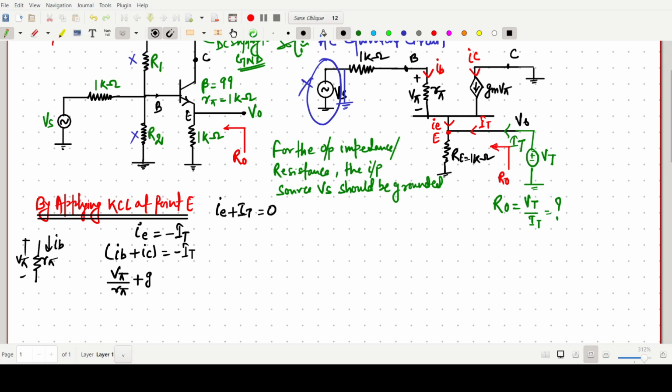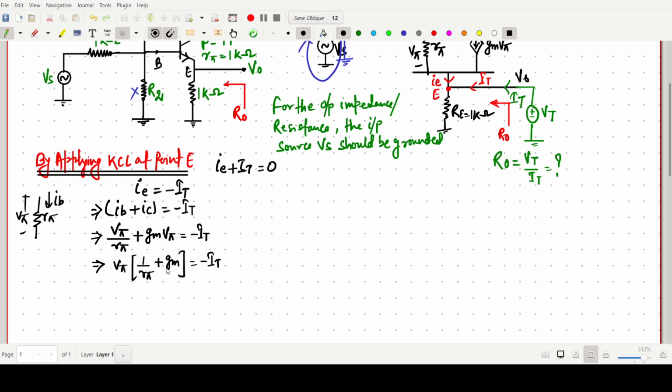So we can write V pi by R pi plus Gm V pi equals minus IT. Now taking V pi as common, one can write V pi times 1 by R pi plus Gm equals minus IT.